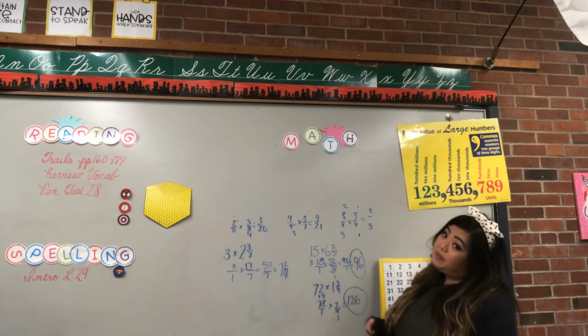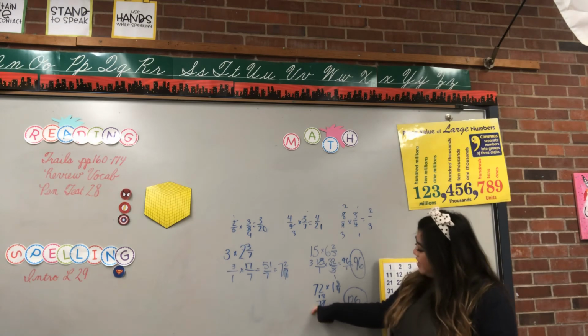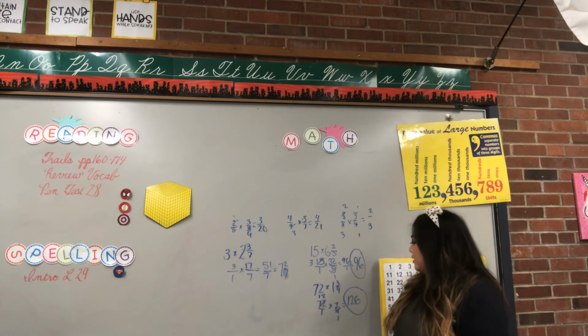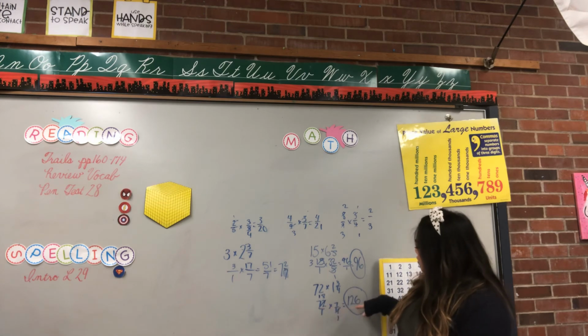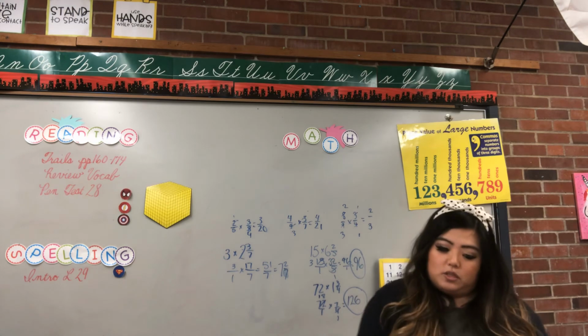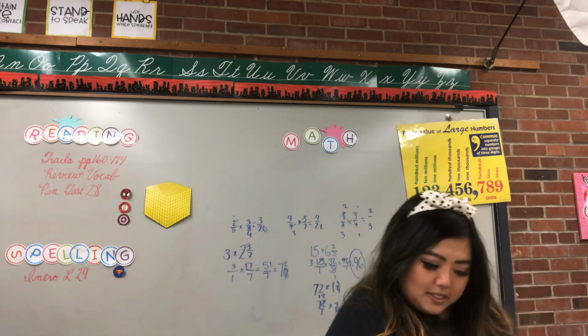If you didn't know that, but you knew they were even numbers, you could have done 2 over 36. And then see, oh, they're still even, so I can divide 1 over 18. You could do it either way, as long as you got it. And then 18 times 7 is 126 over 1, which is the same as 126.